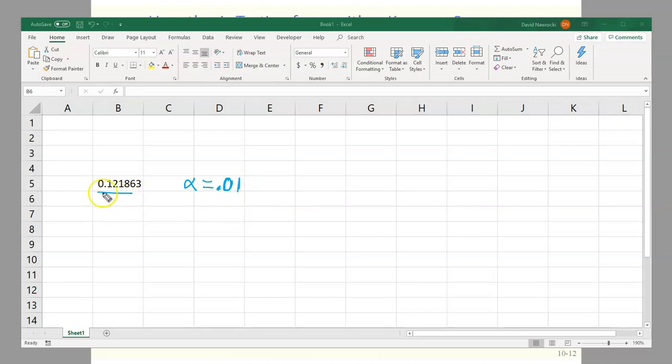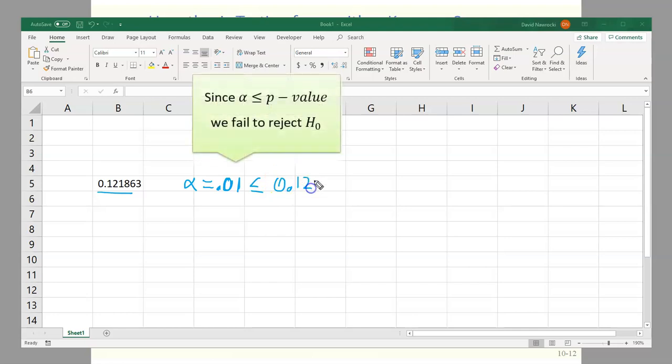And so we see that our p-value here is bigger than alpha. Because our p-value is larger than our significance level, we fail to reject the null hypothesis. And there you go. That's how you use the p-value to perform a hypothesis test.